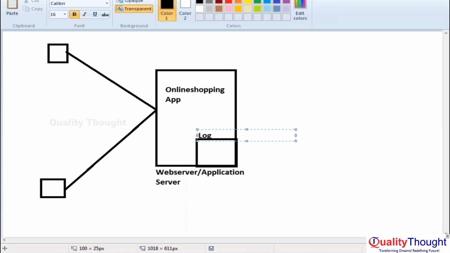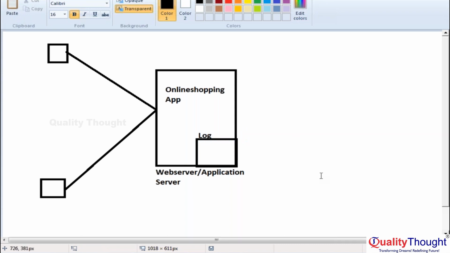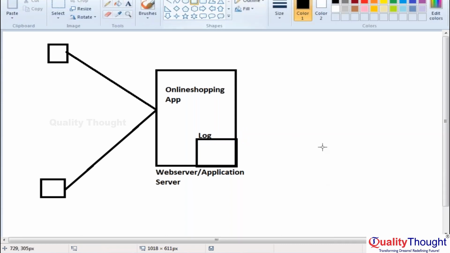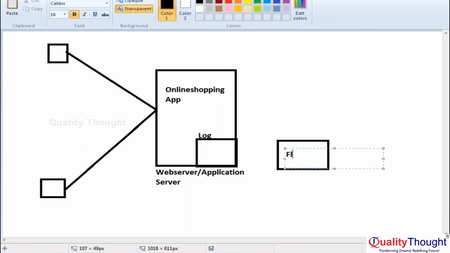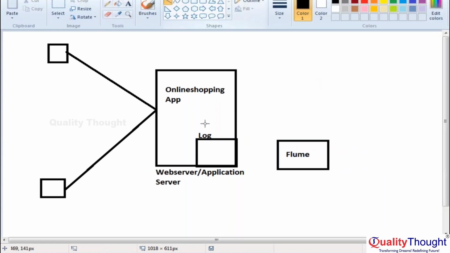So this log is continuously generating, right? So if any data is continuously generated, we call that streaming data. So through Flume, we connect to a streaming source. We create a connection to Flume with any streaming source.